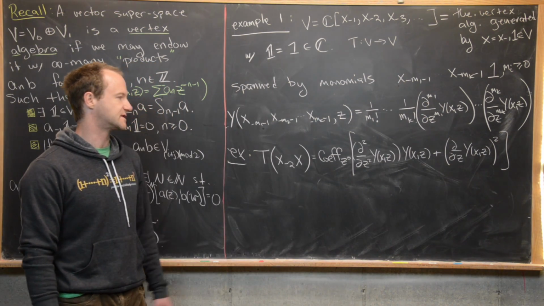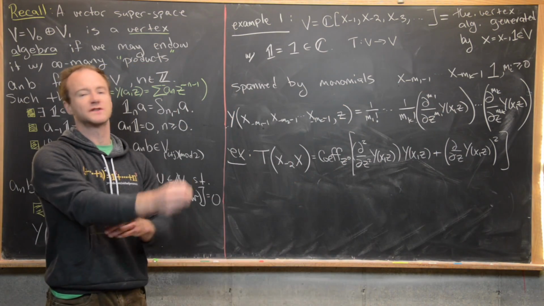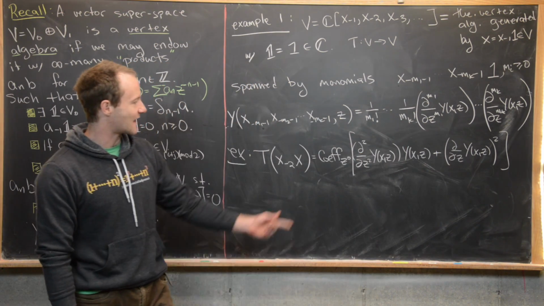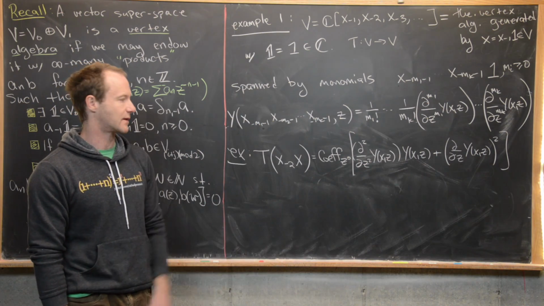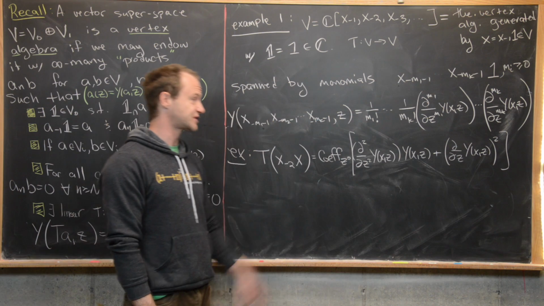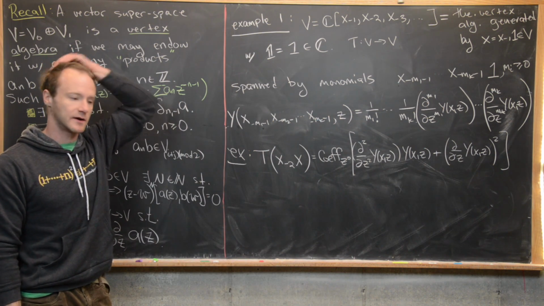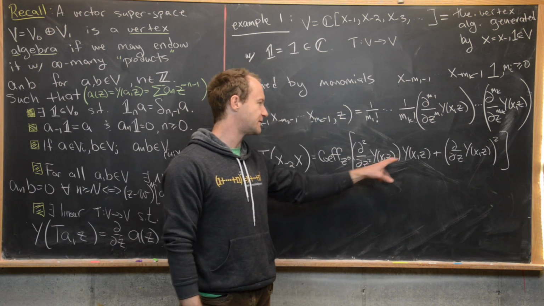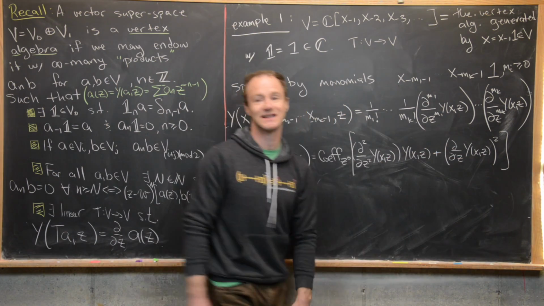Okay, so we've brought this up. Our goal is to find the coefficient of z to the 0, in other words, the constant term in this object. So we've got the second derivative with respect to z of y x z, that vertex operator, times y x z, plus the first derivative with respect to z of y x z squared. Now I'm going to use the fact that we only have non-negative powers of z in all of these expansions.